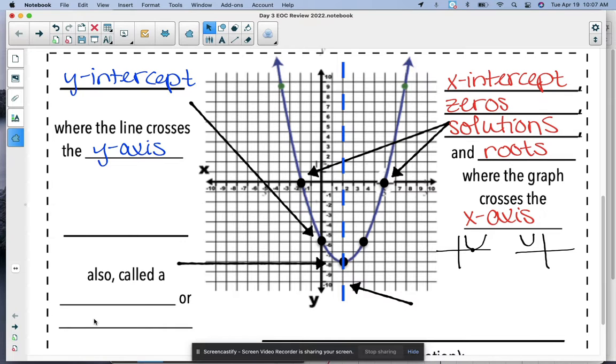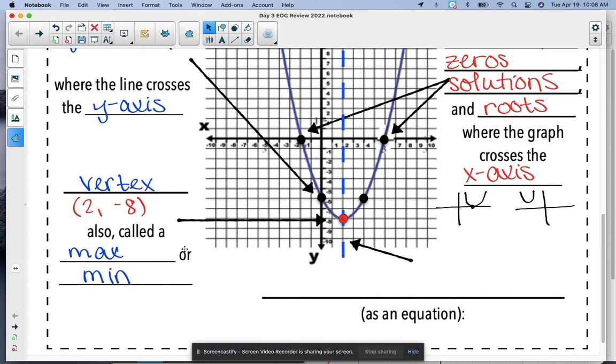The next thing that we're going to talk about, and what we know it mostly as, is the maximum and the minimum. But we call this the vertex. So for this particular graph, my vertex is at 2, negative 8. I'm looking at this point right here. And then something that is closely related to this is our axis of symmetry.